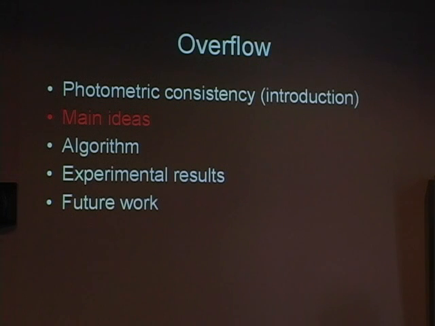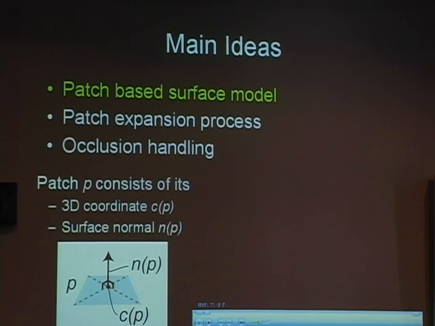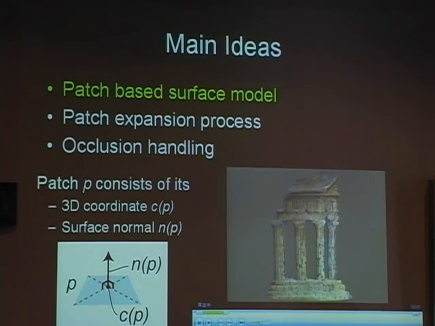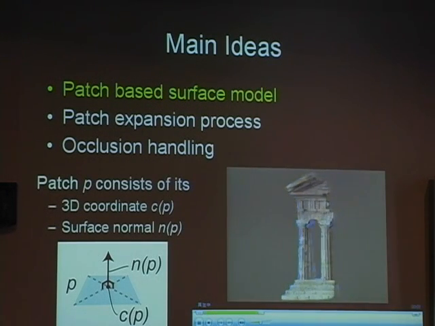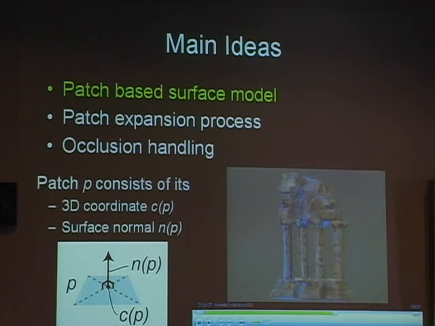So now I'm going to talk about the main ideas of our approach framework. There are actually more than 3 main ideas, but I just picked the major 3 ideas. First is a patch-based surface model. Typically, when you talk about 3D reconstruction, people are interested in getting a 3D mesh model or triangulated mesh model.